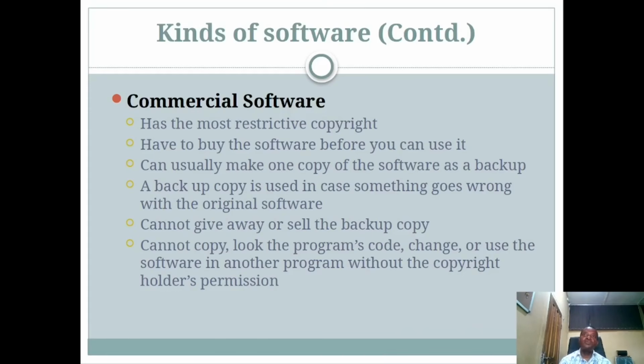Then under the processing unit, we talked about 3 subunits, which were the control unit, arithmetic and logical unit, and the memory unit. We talked about different types of memory. We talked about the primary memory or the main memory, and we also said that main memory is divided into 2: the RAM and the ROM.